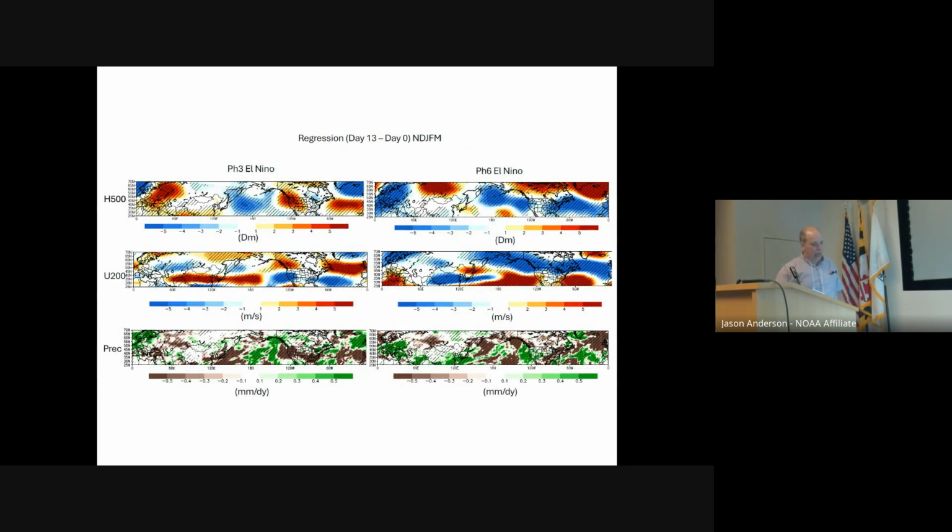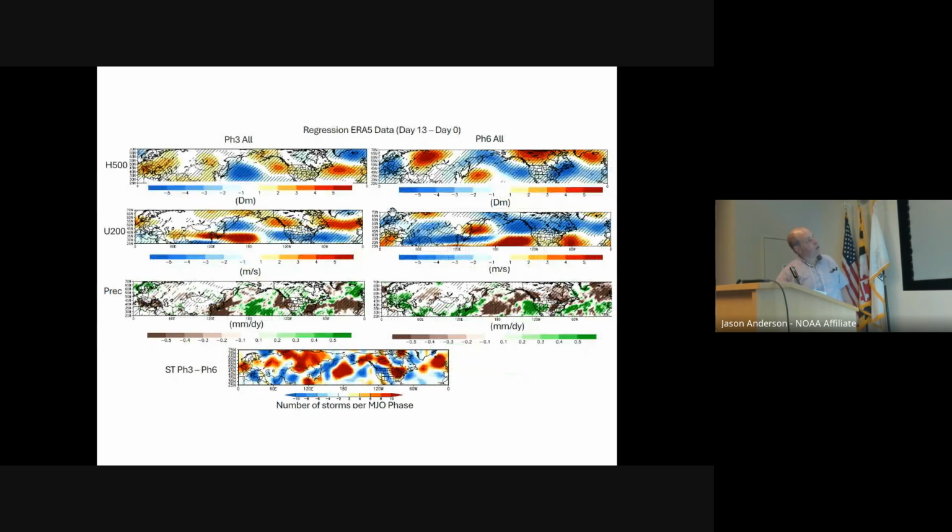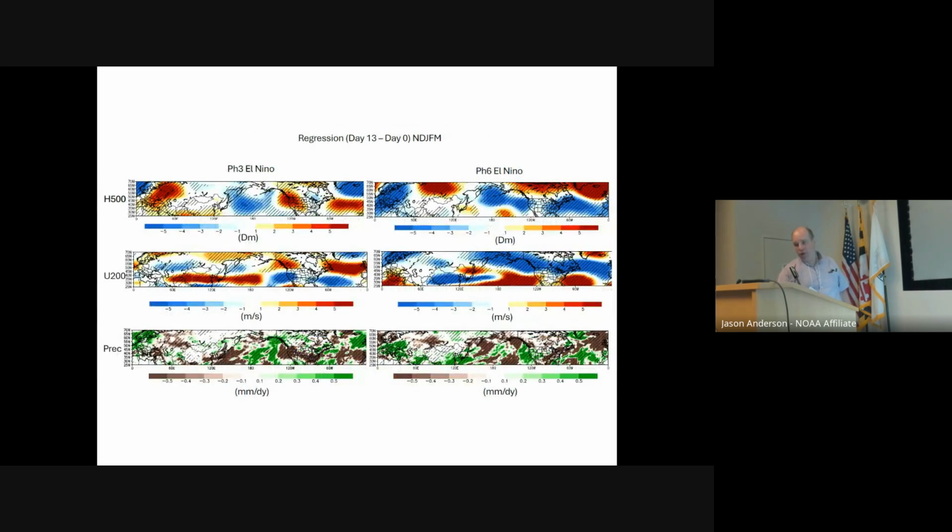So then let's look at El Nino. I took all the El Ninos from the CPC website during that 1979 to 2016 period, composited them, and subtracted out all the data to get this regression analysis. So with more height data in phase 3 and phase 6, once again, going back to all data versus El Nino, very consistent.